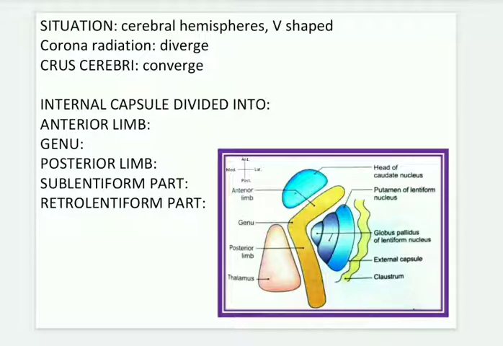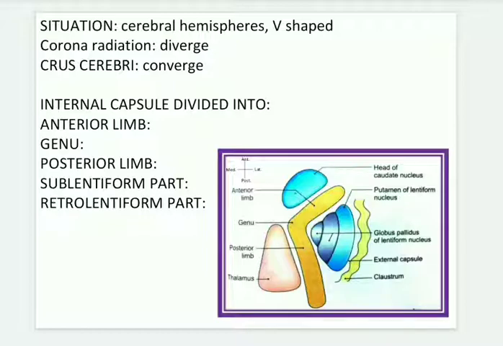And what are the parts in detail? Your anterior limb lies between the head of the caudate nucleus and the lentiform nucleus. Here you can see in this picture, that is your anterior limb. And the genu is a bending shape between the anterior and posterior limbs.